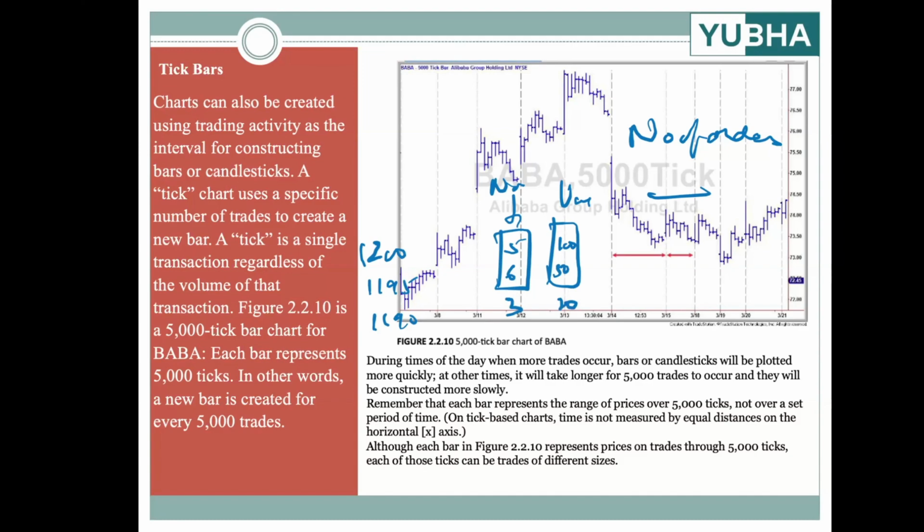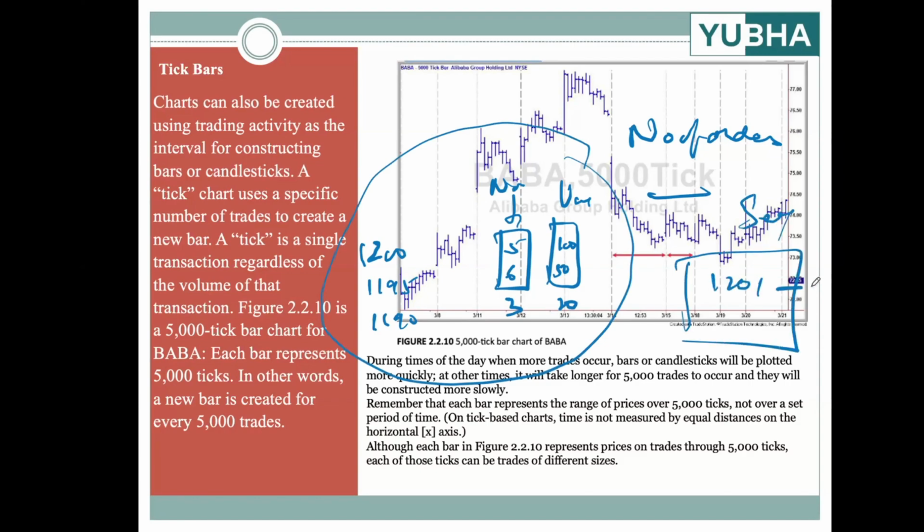This is what you'll see if you look at the screen where you're actually looking at the buy and sell. Similarly, this is on the buy side and this is on the sell side, and you'll have a similar thing showing that at 1201 you'll have a certain number of orders. Tick basically talks about the number of orders. Volume talks about the actual volume that is being traded.